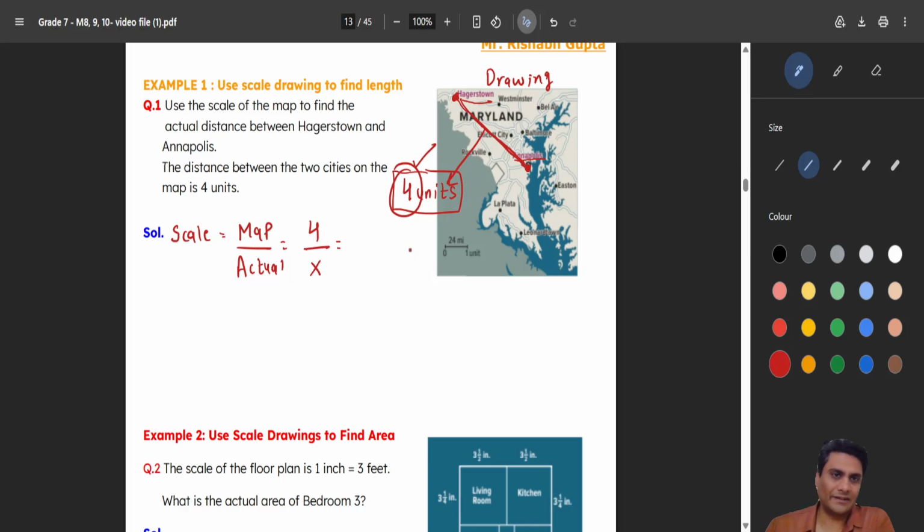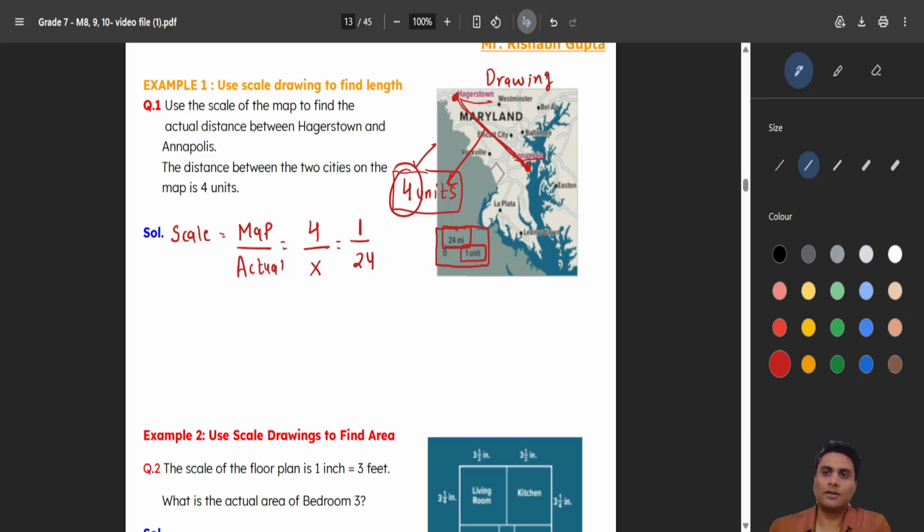Where is the scale given on this map? Always check the bottom. On the bottom, you will always find a scale. See, here he is telling me that 1 unit is equal to how much in the real world? 24 miles. So 1 unit on the map is equal to 24 miles in the real world.